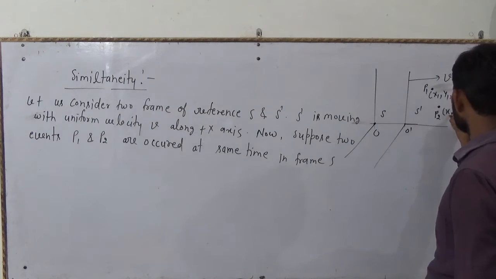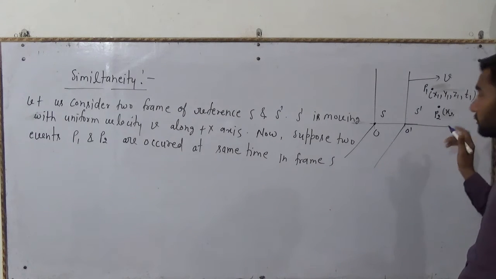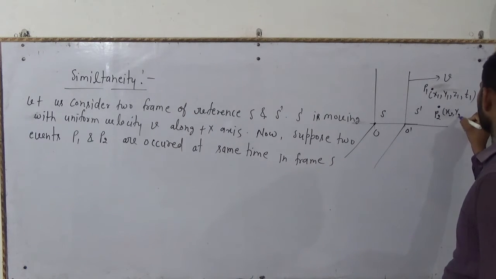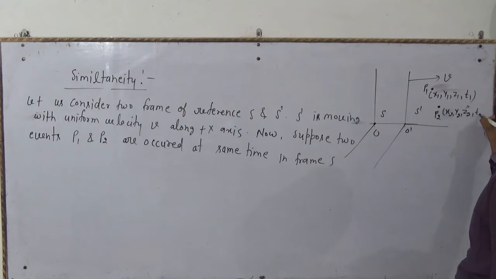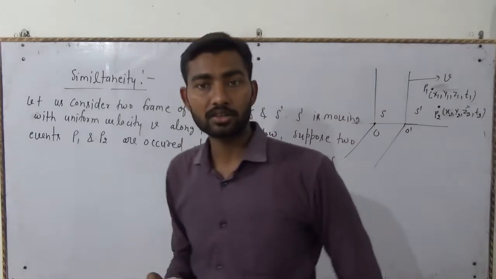But the position and time coordinates of event P2 will be x2, y2, z2, t2.